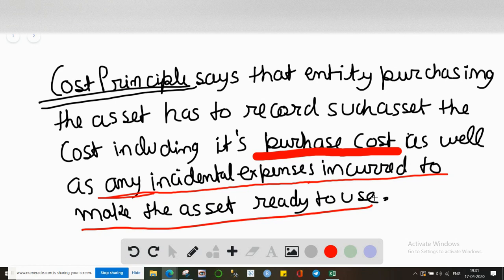So what will actually be capitalized? Purchase cost plus incidental cost. PC equals purchase cost, IC equals incidental cost. An incidental cost is only incurred to make the asset ready to use and not in any other terms. Okay, now let's move to our actual example.